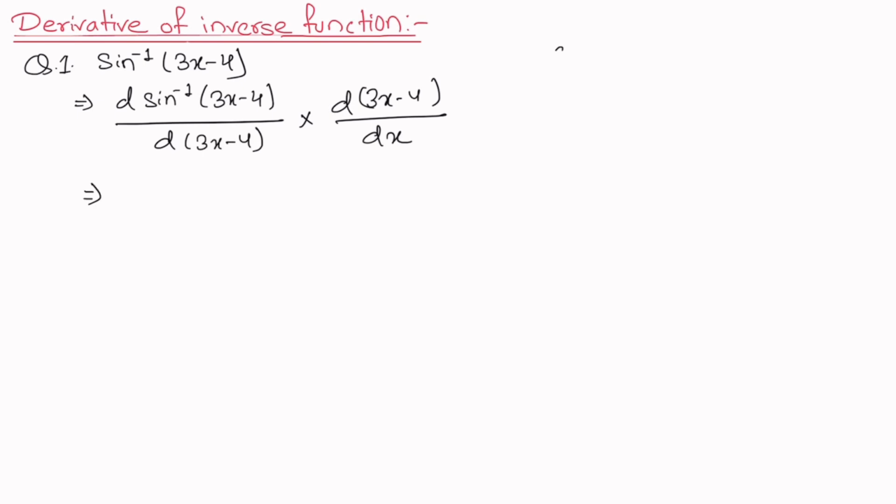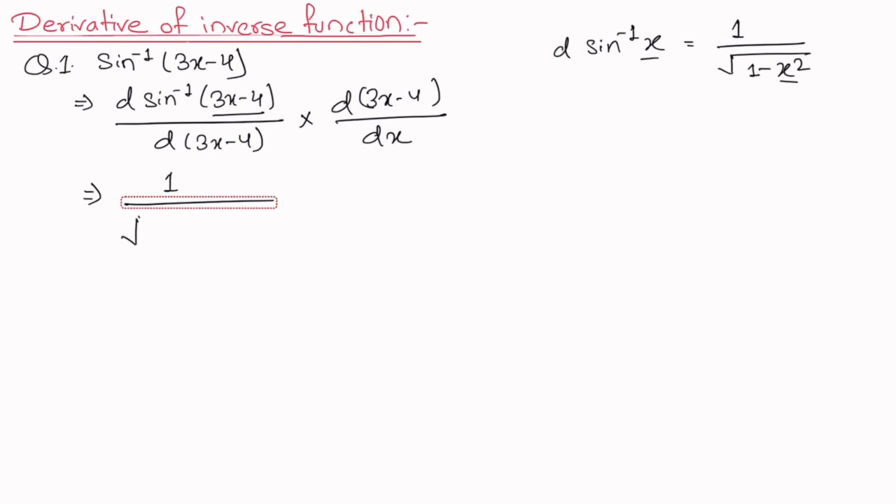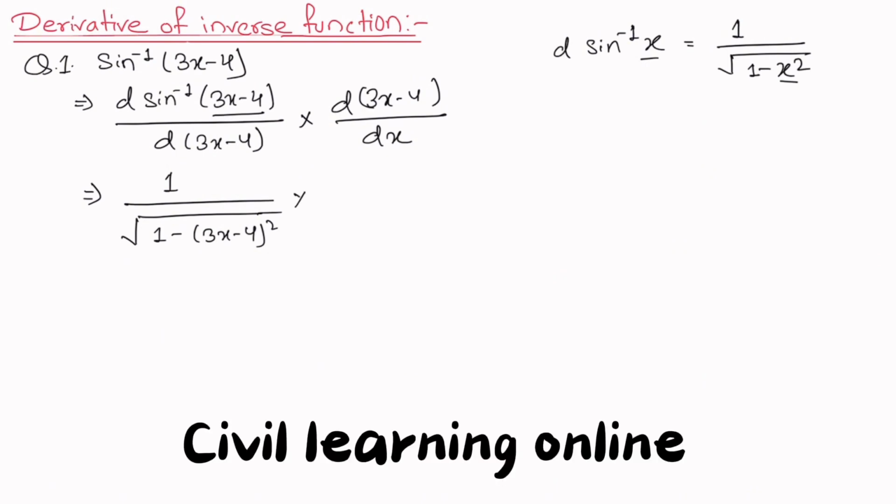We have the derivative of sine inverse x equals 1 by root under 1 minus x square. In place of x, here in the question we have 3x minus 4. So the derivative of sine inverse of 3x minus 4 is going to be 1 upon root under 1 minus (3x minus 4) whole square, times the derivative of 3x minus 4.